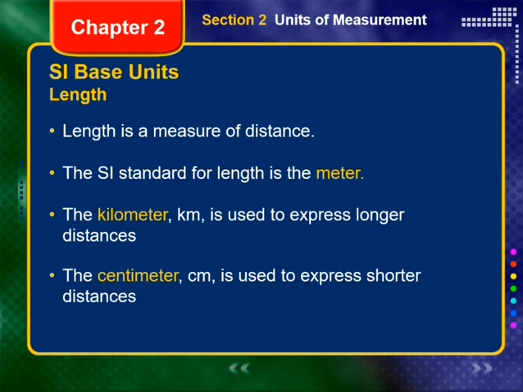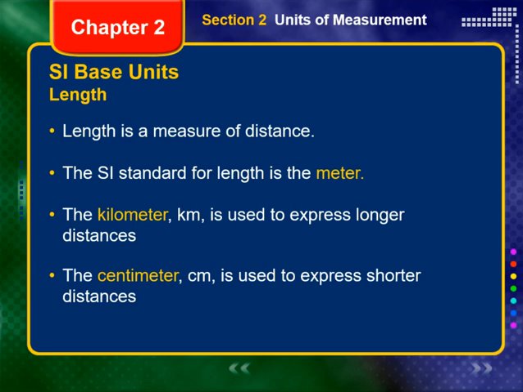The SI standard unit for length is the meter. A distance of 1 meter is about the width of an average doorway. To express longer distances, the kilometer, represented by lowercase k, lowercase m, is used. 1 kilometer equals 1,000 meters. Road signs in the United States sometimes show distances in kilometers as well as miles.